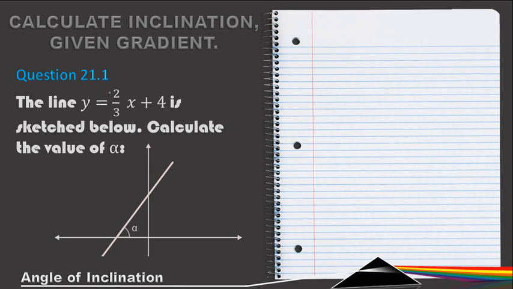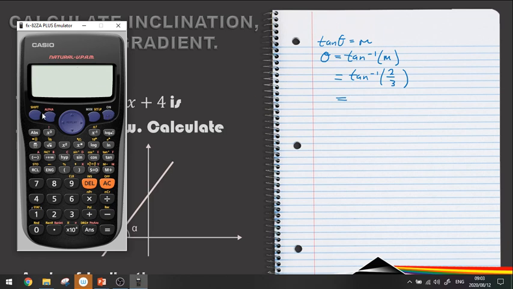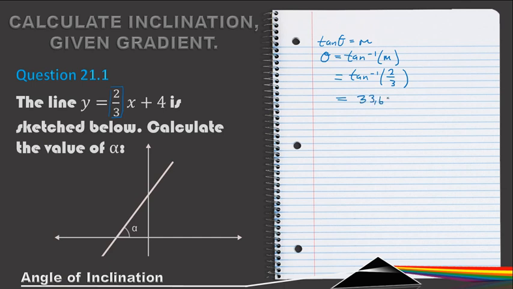Now here we know that this is my gradient, so tan theta is equal to the gradient, and solving for theta, we have the inverse of tan of the gradient, so the inverse of tan of 2 over 3, and that gives us shift tan 2 over 3, and that's equal to 33,69 degrees.